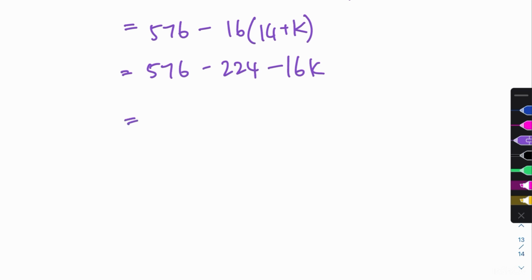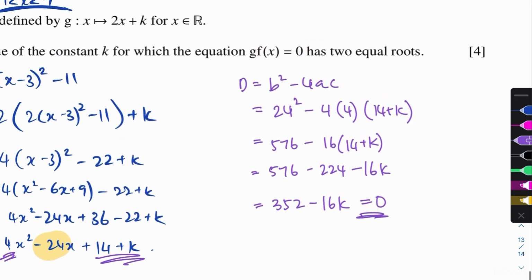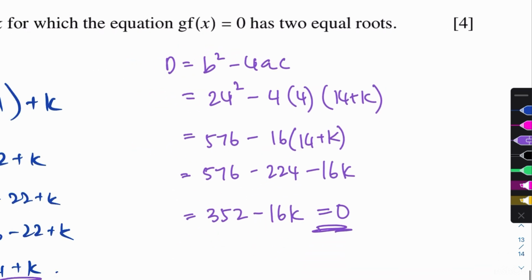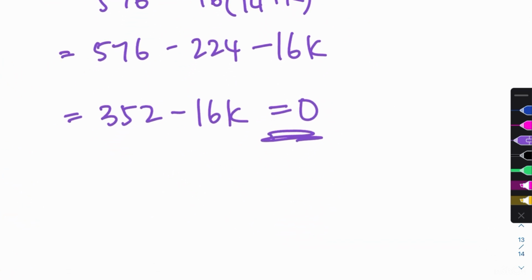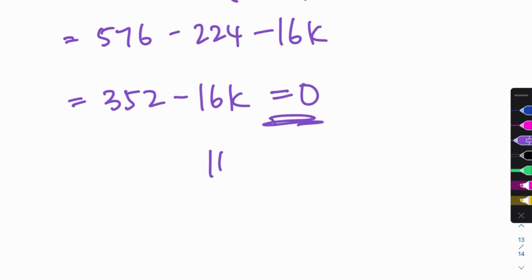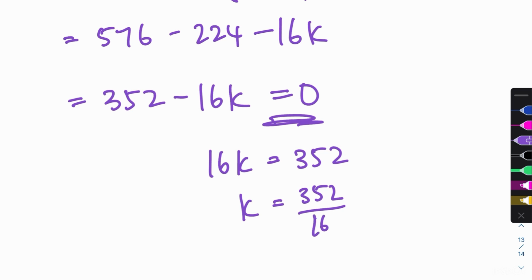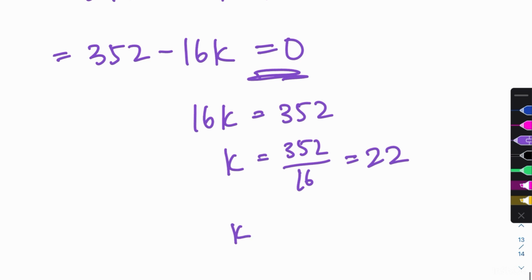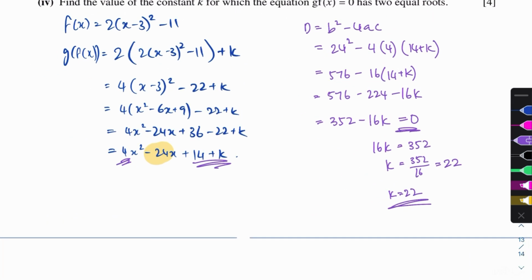And in the simplest form, this is 352 minus 16k equals 0. We're writing equals 0 because we know that it has 2 equal roots, which means the discriminant equals 0. So that means that 16k equals 352, and k equals 352 over 16, which is 22. So k equals 22, and that's our answer.